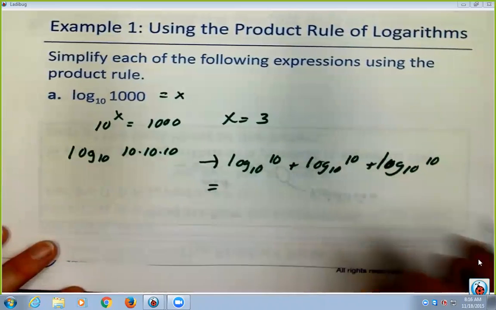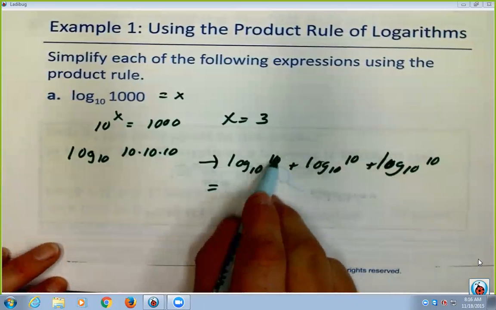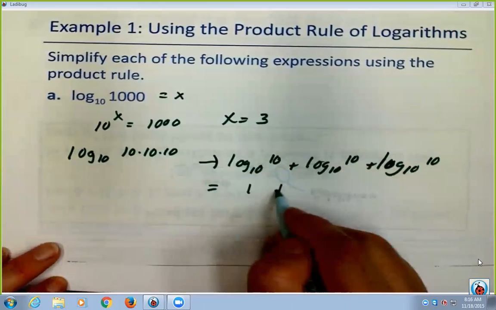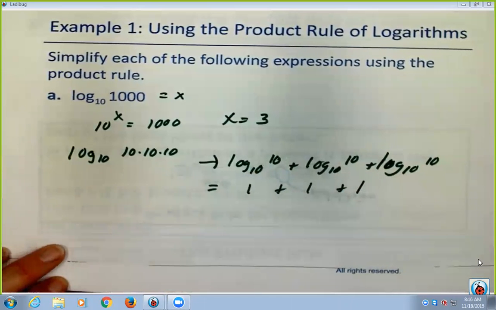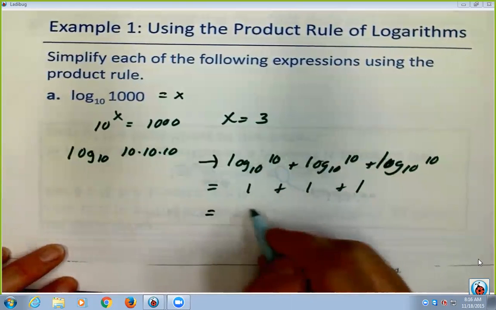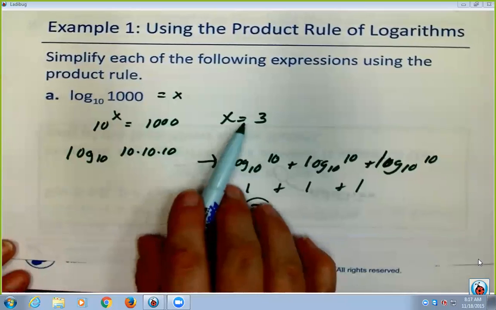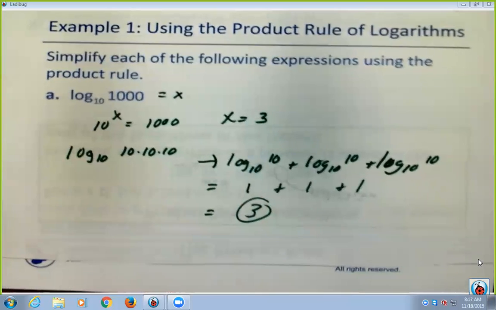And what did we learn the other day when we have log base 10 of 10? When these two matched each other, we had a value of 1. So this was 1, this was 1, and this was 1. So I get 1 plus 1 plus 1, or an answer of 3. So it worked out to be what I found in the exponential form, 3.